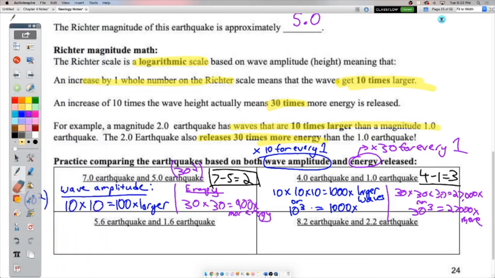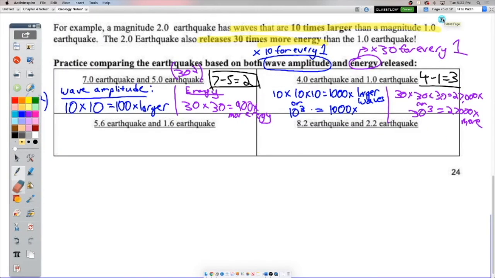What about a 5.6 and a 1.6? You might be looking at those decimals and going, I don't want to deal with those. Not so bad, right? 5.6 and 1.6, that's still just a difference of 4. If you take 5.6 minus 1.6, that still equals 4. So what do we have to do? You guessed it, 10 times 10 times 10 times 10, or we could just say 10 to the power of 4 equals 10,000 times larger waves in the 5.6 quake.